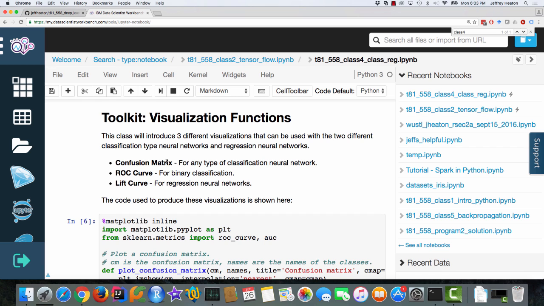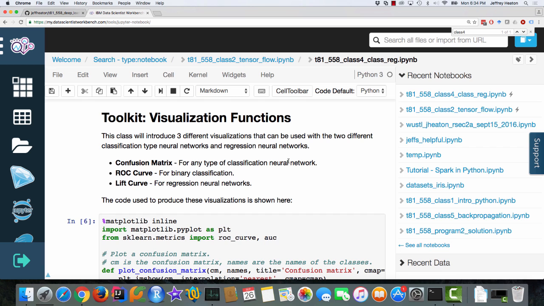So the confusion matrix lets you see the types of classes that your neural network is getting confused on. The ROC curve is, okay, and by the way, confusion matrix, like I said, any type of classification network, don't use it on regression. It's useless on regression, and we'll see why.